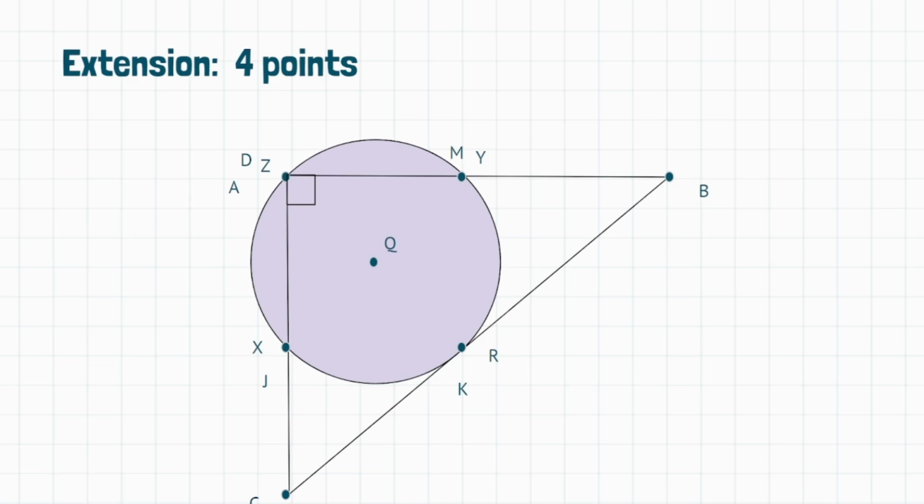In an isosceles right triangle, the 4 points included in a circle are the midpoints of each side, M equals Y, X equals J, and K. The vertex of the right angle, A equals Z equals D, and the foot of the altitude to the hypotenuse, R. A quick observation is that the foot of the altitude to the hypotenuse moves to the midpoint of the hypotenuse, meaning that K equals R. This reduces the number of distinct 9-point circle points to its absolute minimum, 4.